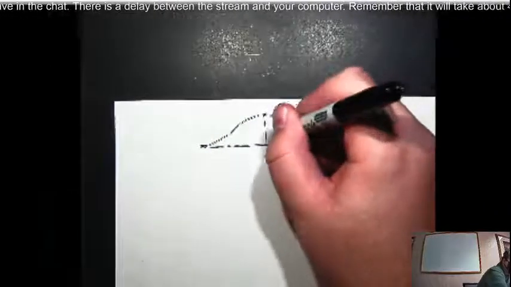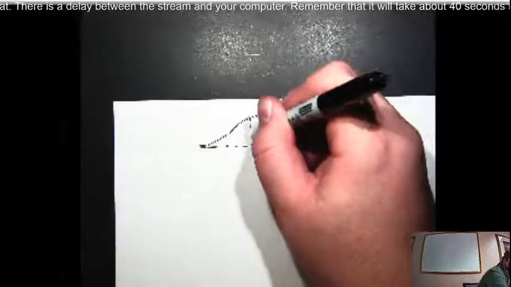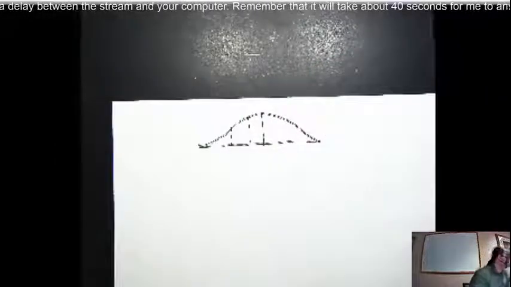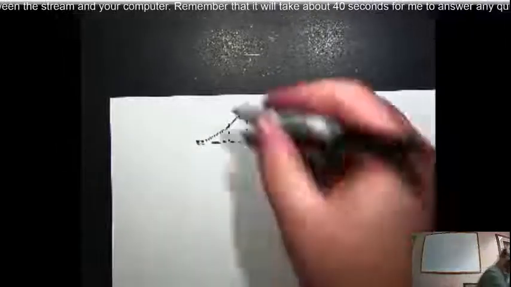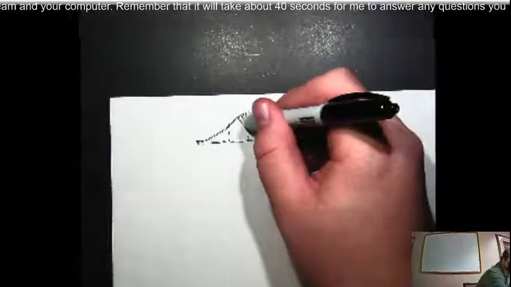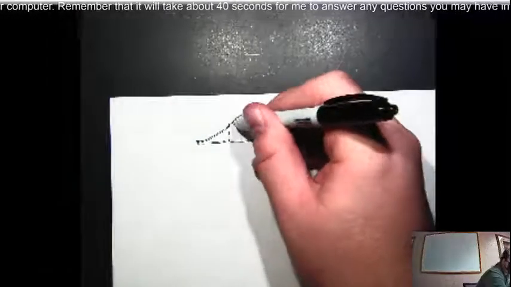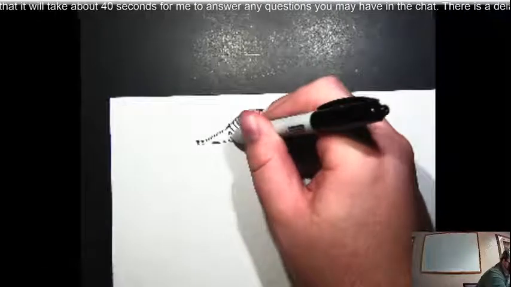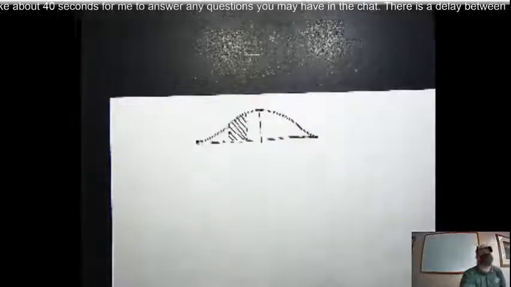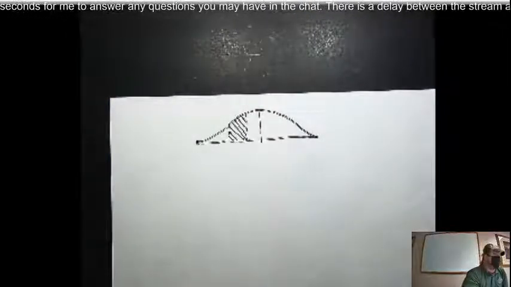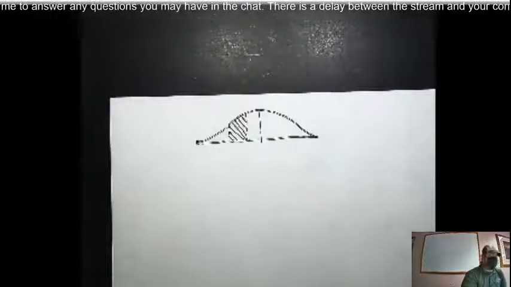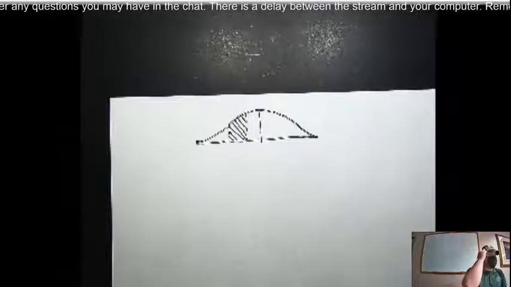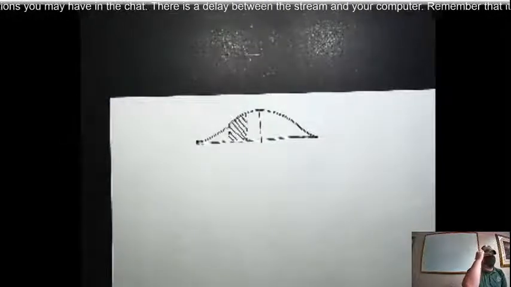What if we want to calculate something in between? So we want just this area right here. Well, if we want to do that, let's think about what we know how to do.